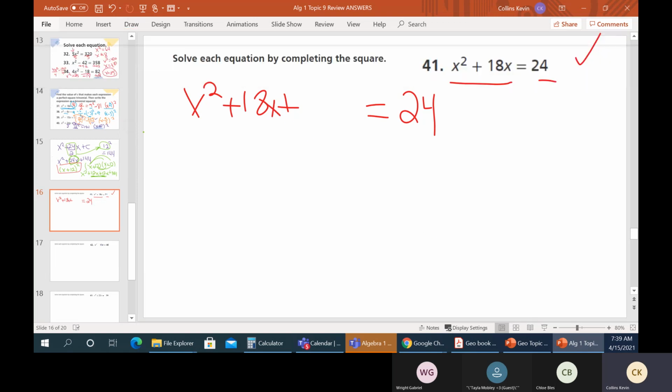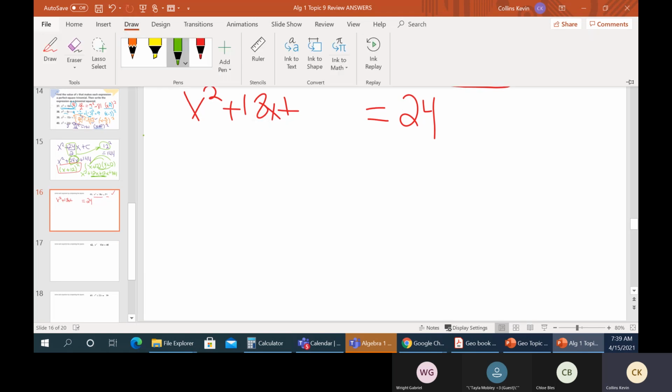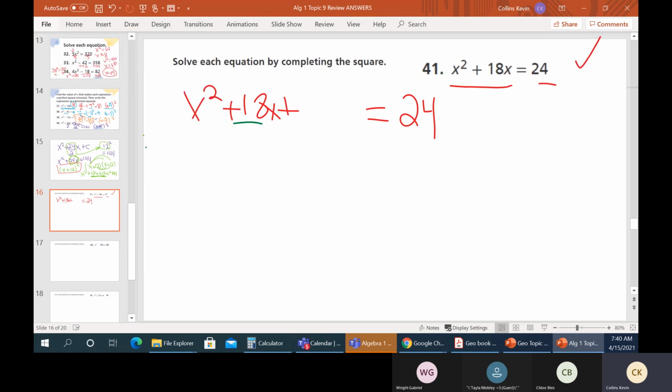All right, so take the number in front of the x, which is 18, divide by 2, and we get 9. And we take the 9, and we square it, and we get 81.